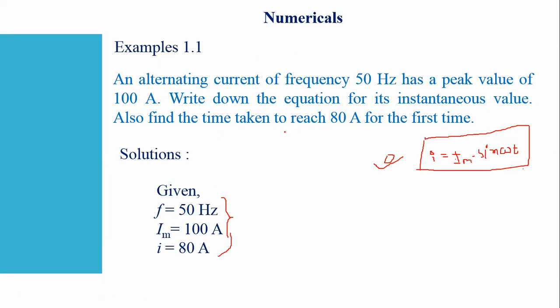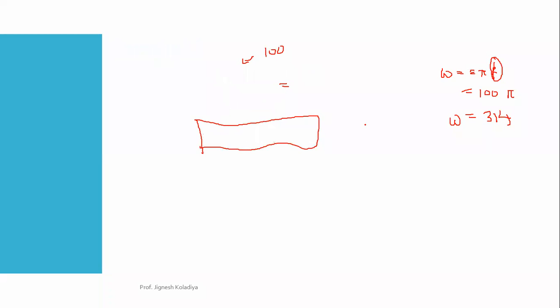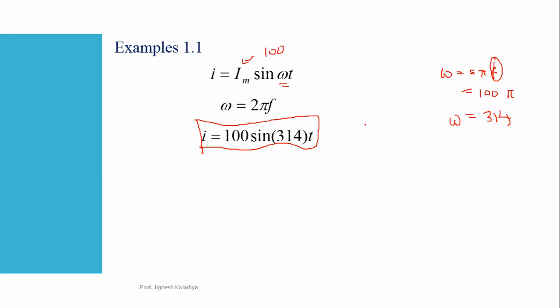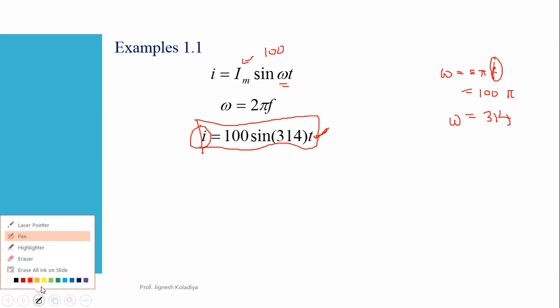Time taken to reach 80 ampere. So next what we have to do? Equation is already we are getting, and we have to find this t. Small t is unknown. Small i is already given. Instantaneous value is given, 80 ampere.